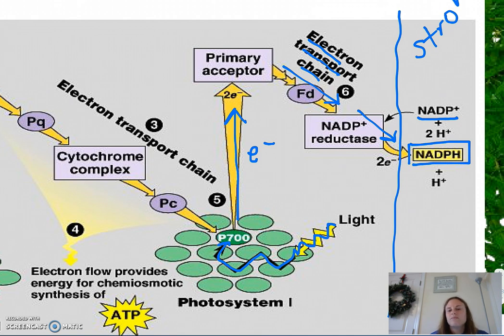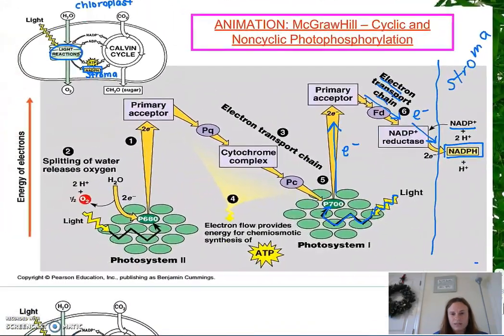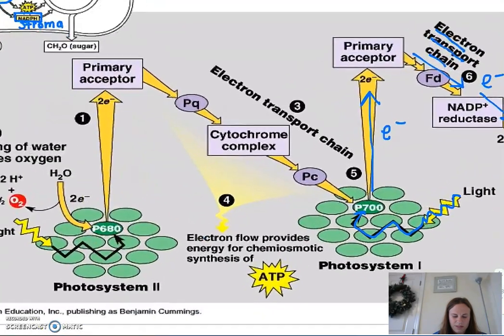So remember, NADPH is an electron carrier, just like NADH was an electron carrier for cellular respiration. But that electron that was traveling down the electron transport chain didn't go back to photosystem 1. It was used to reduce NADP plus to NADPH. So what's going to replace that electron that's now missing from photosystem 1 is going to come from photosystem 2.